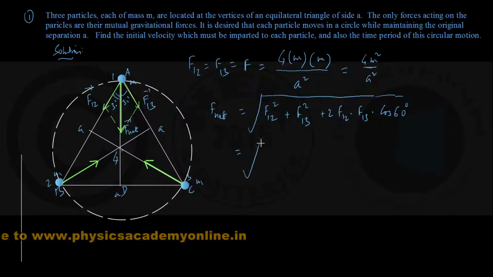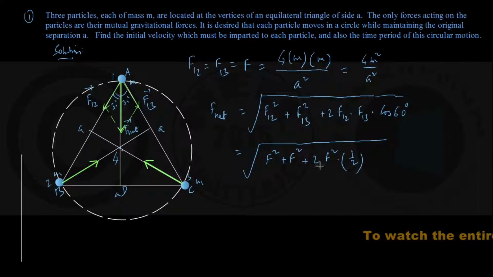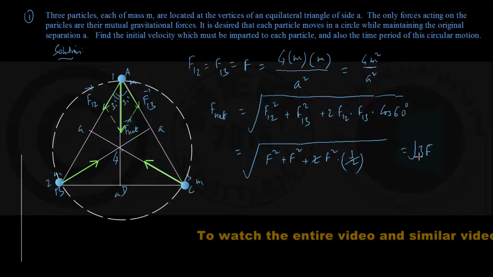Noting that F12 and F13 have the same magnitude F, I am writing it as F squared plus F squared plus twice F squared into cos 60, that is half only. So 2 and half cancelling out gives me root 3 into F.